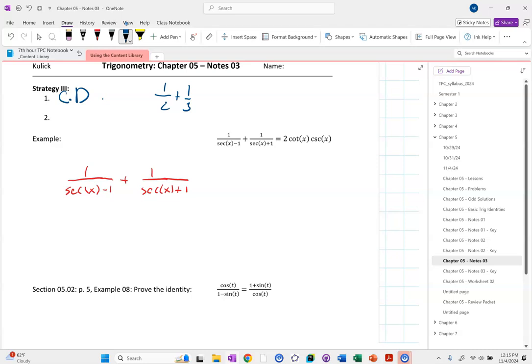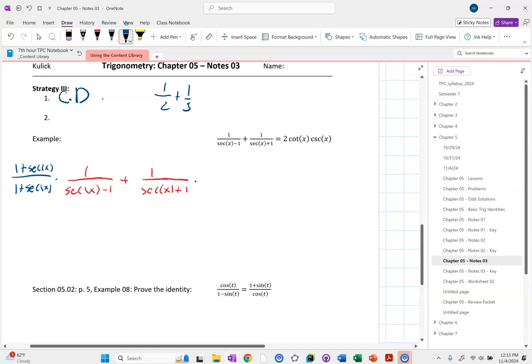Just in the same way that with 1 over 2 plus 1 over 3, we want to have the denominator of 2 times 3. So we'll multiply the first fraction by 1 plus secant x, and the second fraction by 1 minus secant x.